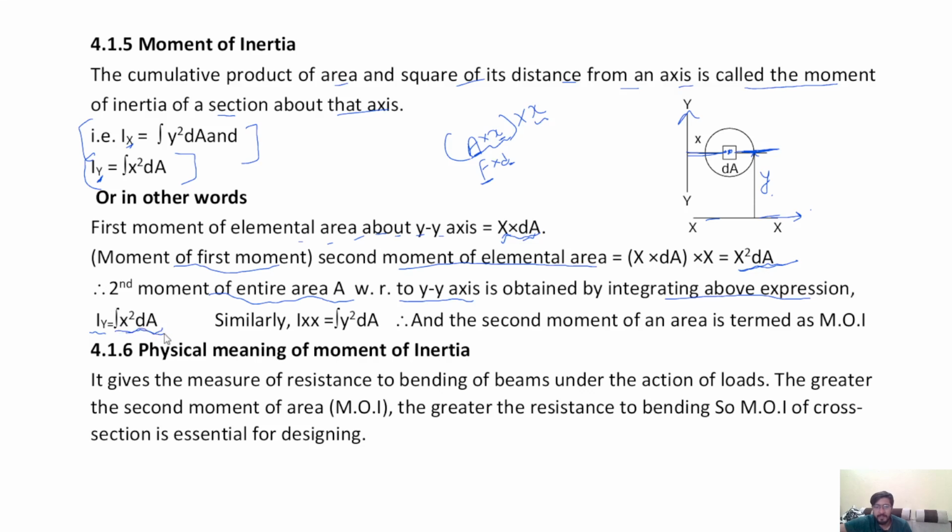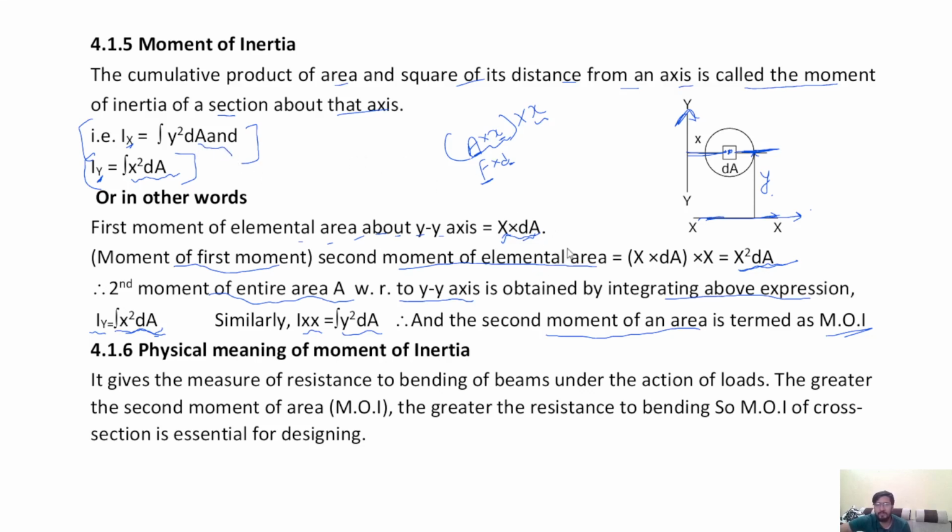Similarly for the x-axis, Ix equals integration of y squared dA, and the second moment of an area is termed moment of inertia. So the moment of inertia about the y-axis is given by integration of x squared dA, and about the x-axis by integration of y squared dA.